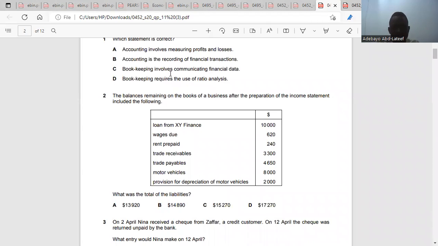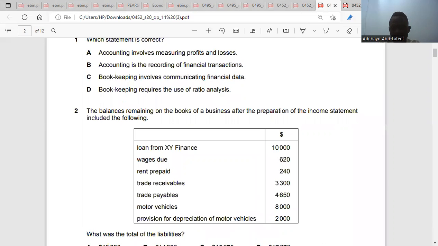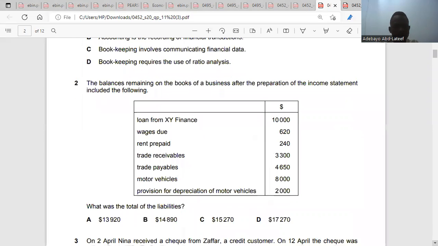They said the balances remaining on the books of the business after the preparation of the income statement included the following: the loan from XY Finance, wages due, rent prepaid, trade receivables, trade payables, motor vehicle, provision for depreciation of motor vehicle. What was the total of the liabilities?